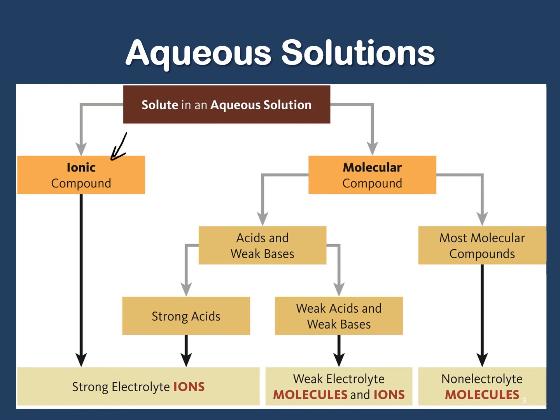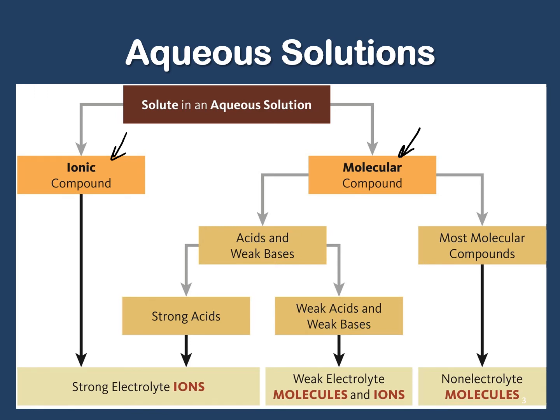Is the compound an ionic compound or a molecular compound? We learned how to do this in Chapter 3 in the last test's material. And if you can't do that, then this is going to be very difficult to correctly determine whether a substance is an electrolyte or not.